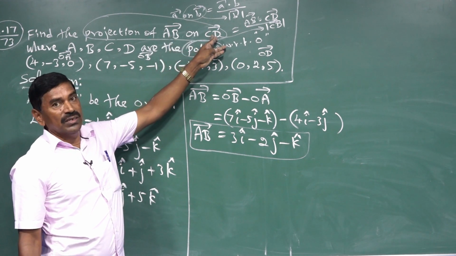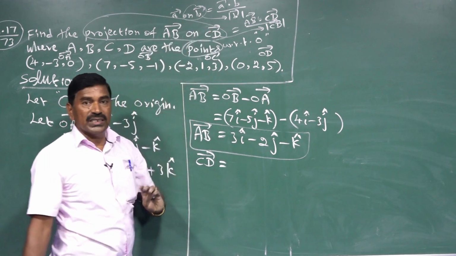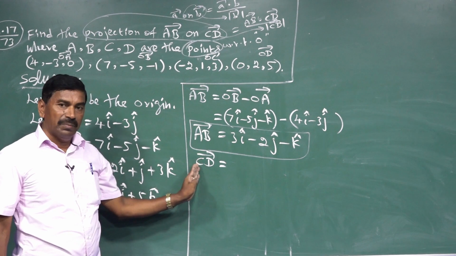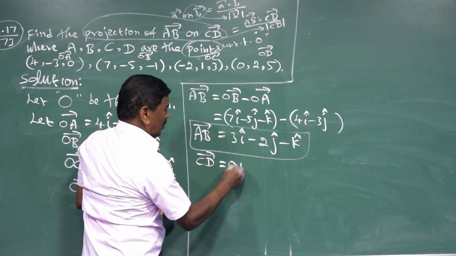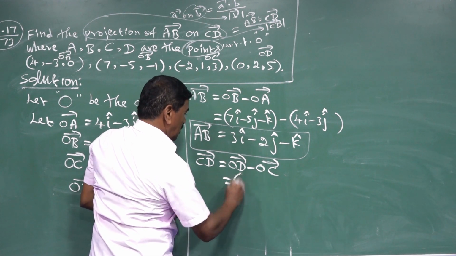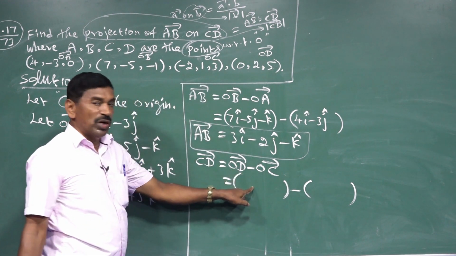Next, what is the second one? CD vector. Now listen, what is CD vector? CD vector is equal to second minus first, that is OD vector minus OC vector. What is OD vector?